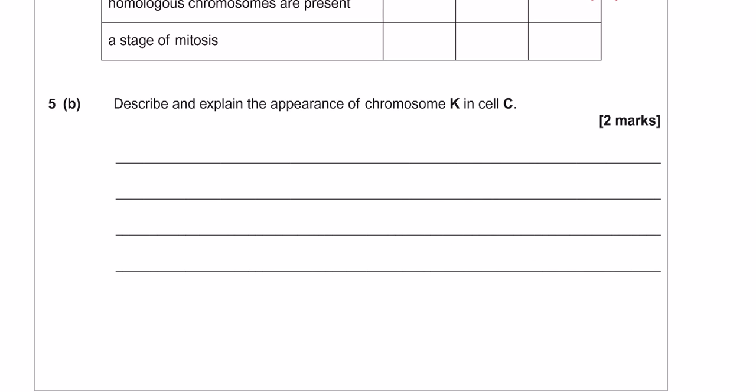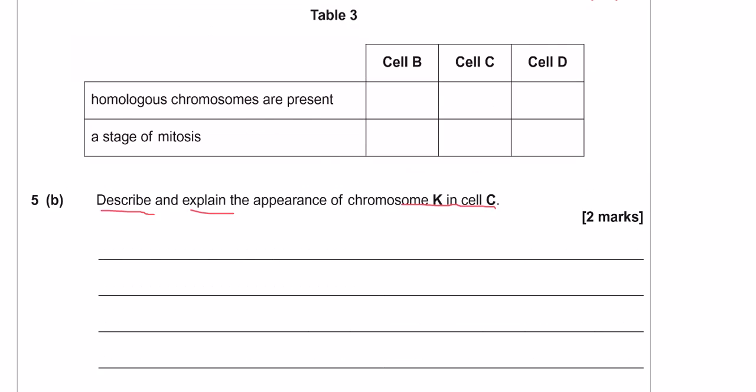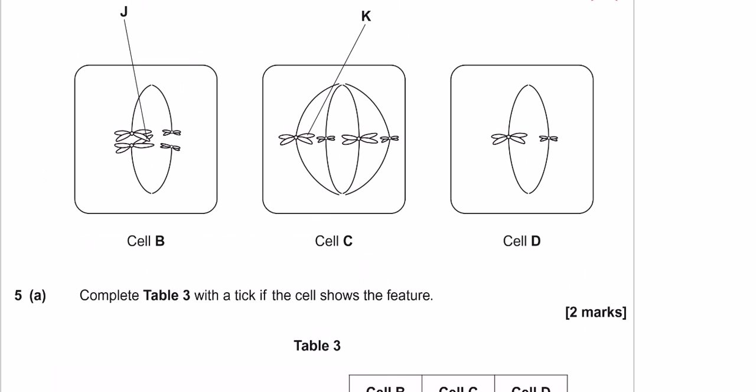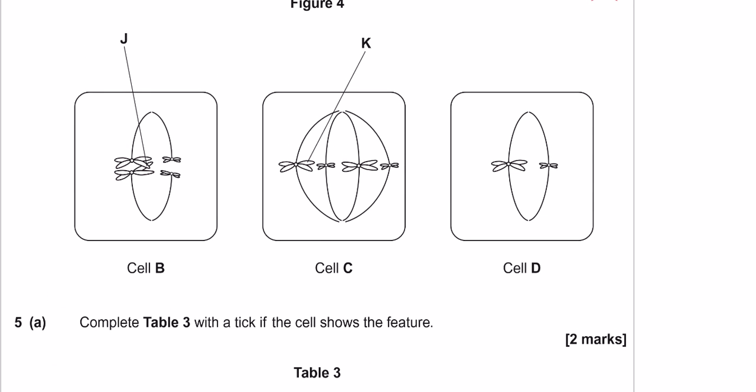Okay, next question, it says describe and explain the appearance of chromosome K in cell C. So we need to have a look at chromosome K in cell C. Okay, so there's chromosome K, looks pretty much like the other chromosomes. And very basically, it just wants you to talk about the structure of chromosomes.